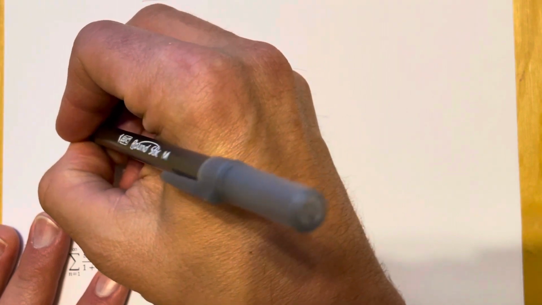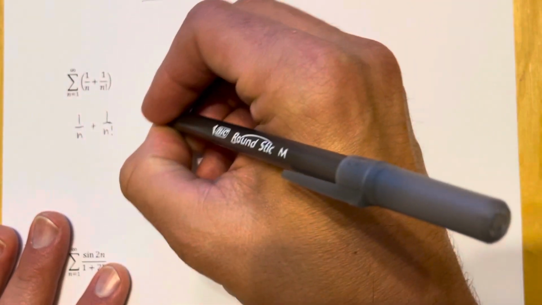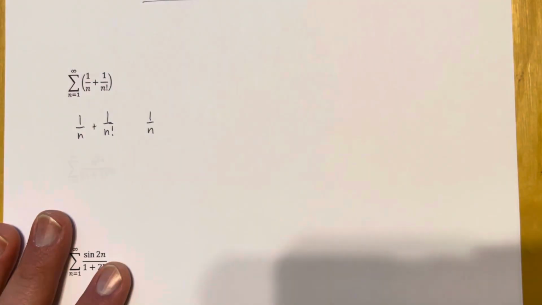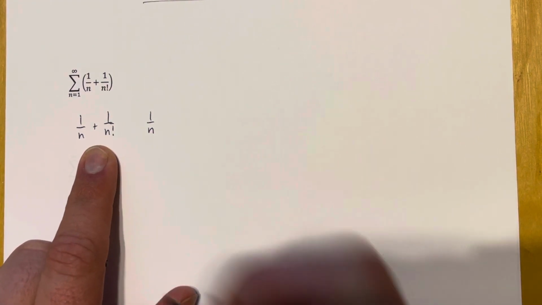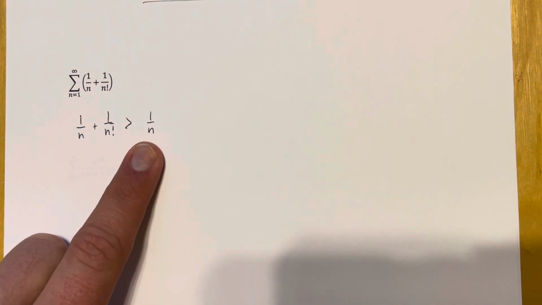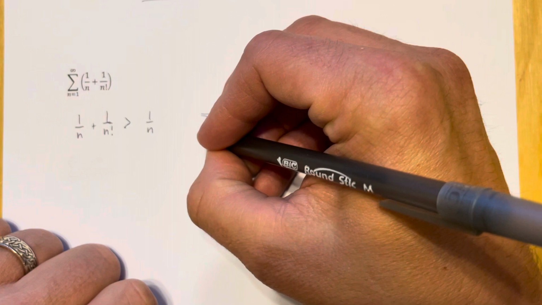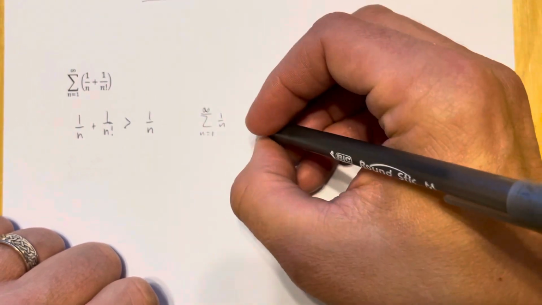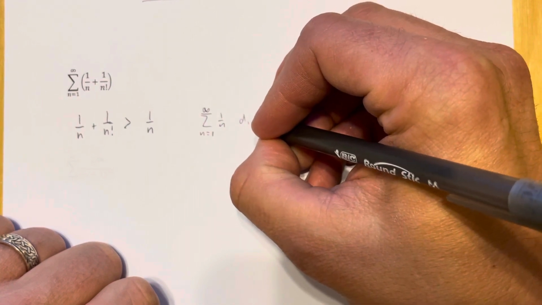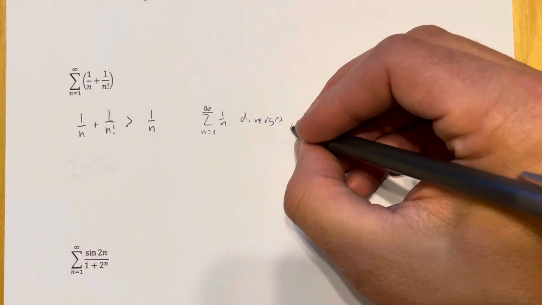So how does 1 over n plus 1 over n factorial compare to just 1 over n? Well, I'm taking this 1 over n and I'm adding another positive number to it, which means this will always be greater than this. Now, because this series diverges, the series as n goes from 1 to infinity diverges, because it's the harmonic series, so we already know that.